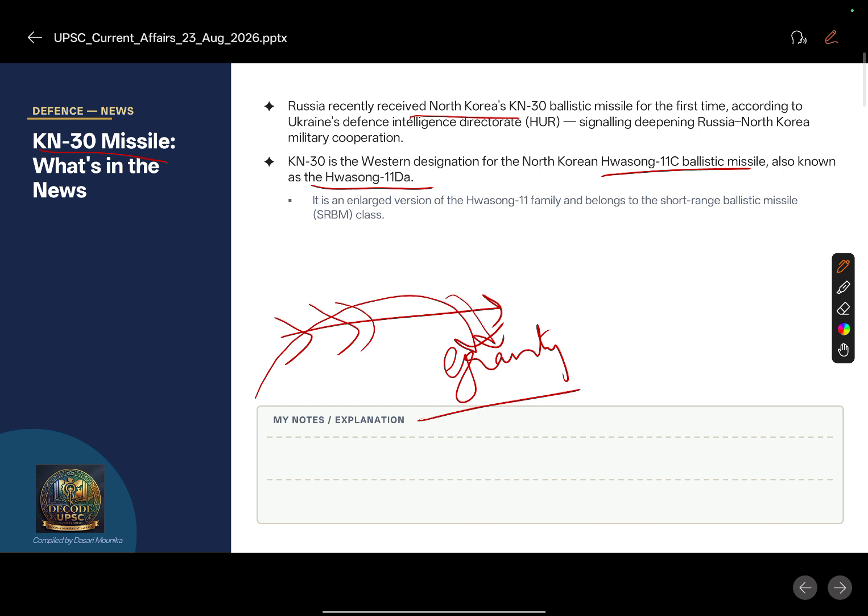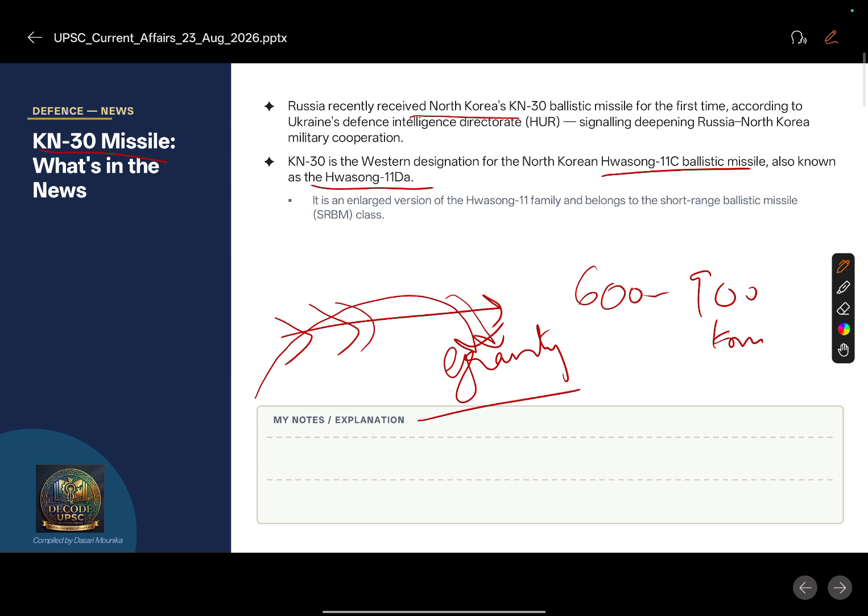It has an estimated range of 600 to 900 kilometers and a low quasi ballistic flight profile.